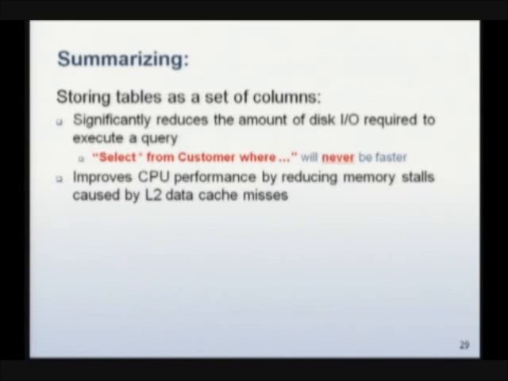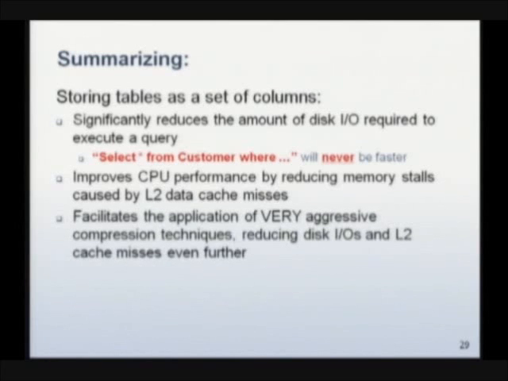In addition to reducing the amount of disk traffic that the database system has to perform to run the query by factors of 10, perhaps, the design dramatically improves CPU performance by reducing the number of L2 data cache misses and L1 misses. And as we'll see next, it facilitates the application of very aggressive compression techniques.